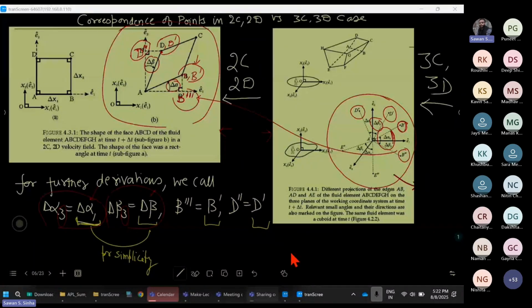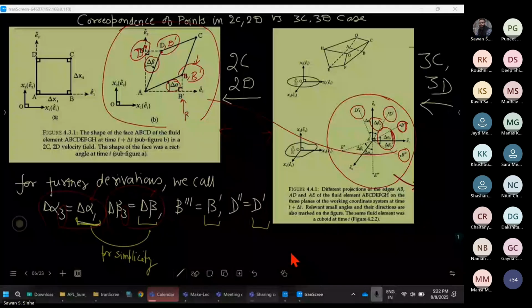And as I said earlier, B triple prime is what I am calling in this background figure as B prime. It is actually B triple prime in this figure.